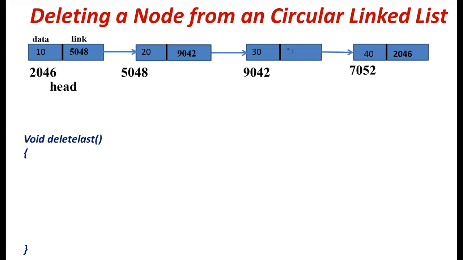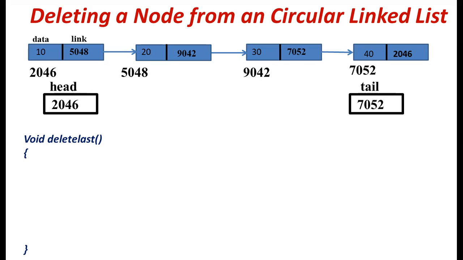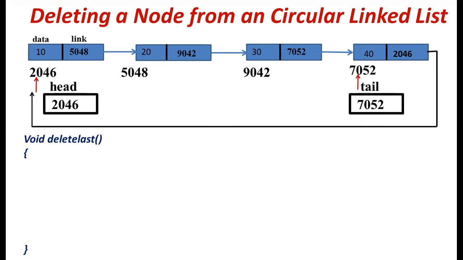Now, this is our head node and this is our tail node. In this case, after the deletion, the structure of the linked list will be something like this.